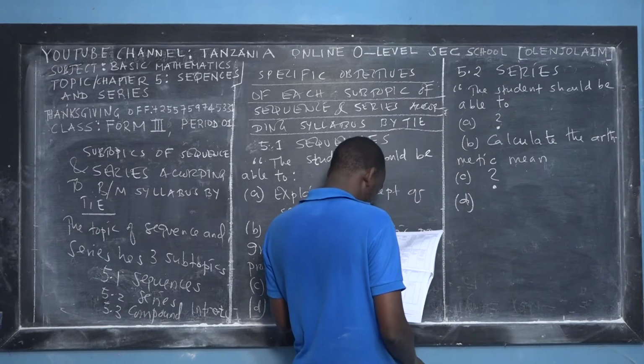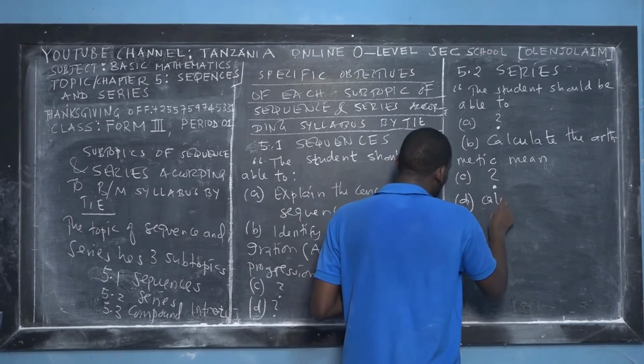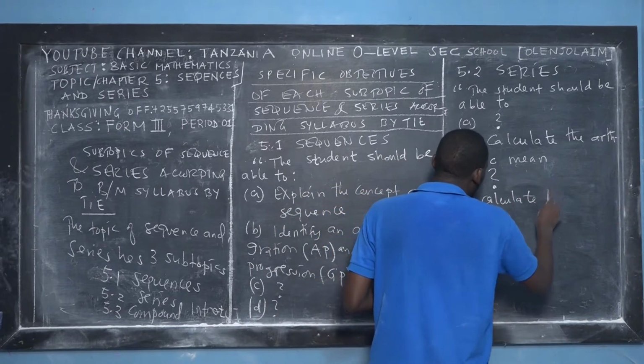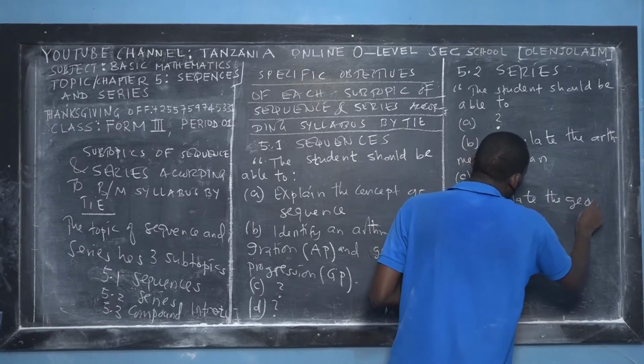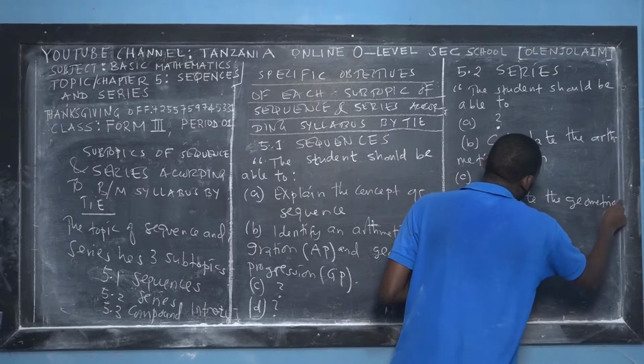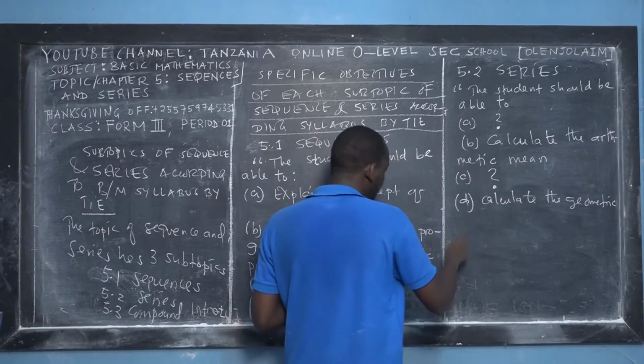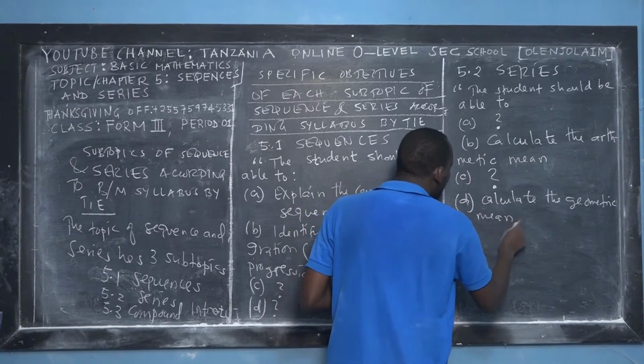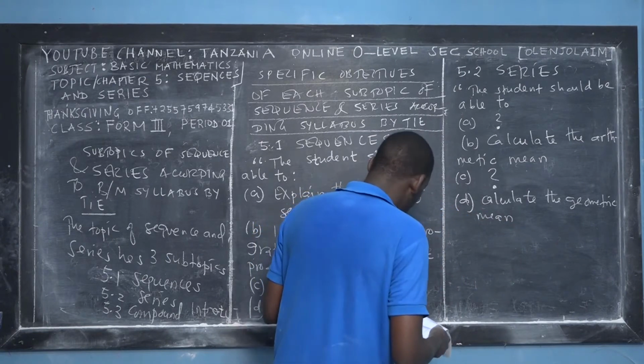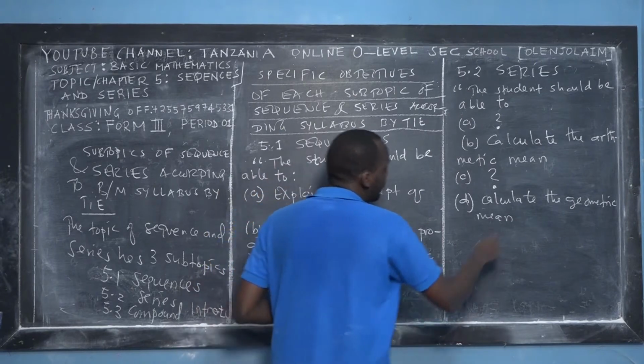Then D, the student should be able to calculate the geometric mean. That's the end of the quotation.